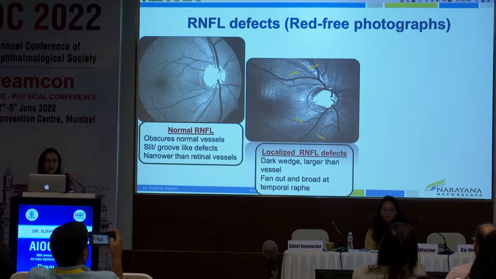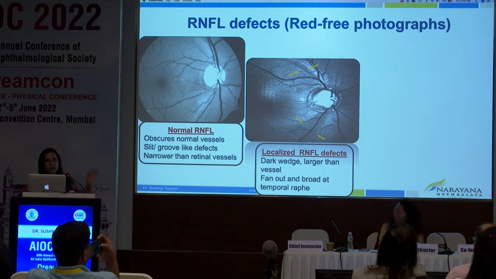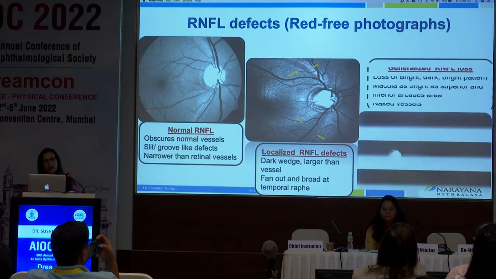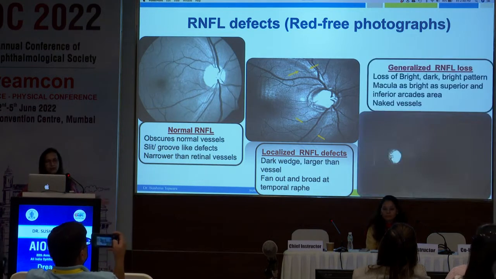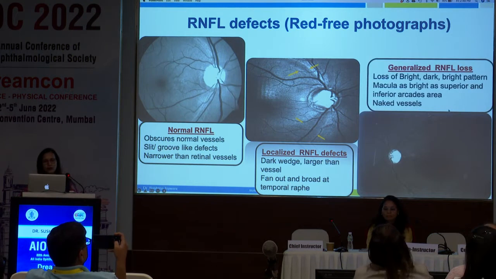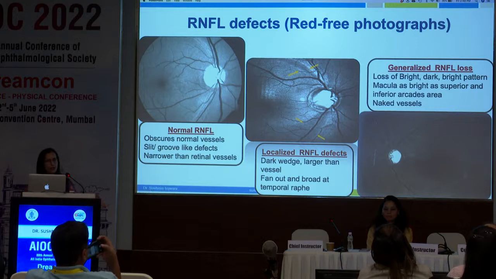Localized RNFL defects are actually large, dark wedges, larger than vessels. They are narrower at the disc margin and then become broad. When there is a generalized NFL defect, you see the loss of the dark and bright pattern which you see in the normal NFL. This can happen in advanced glaucoma, AION, and any situation where there is a generalized NFL loss.